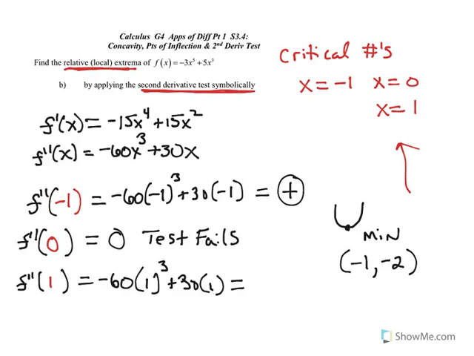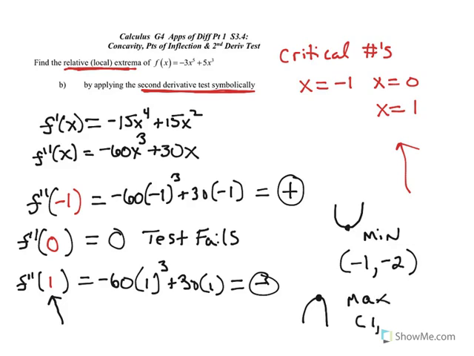And you should get a negative number. A negative number means that the graph is concave down. So at this critical number it's concave down, therefore it must be making a peak or a max at where x is 1.